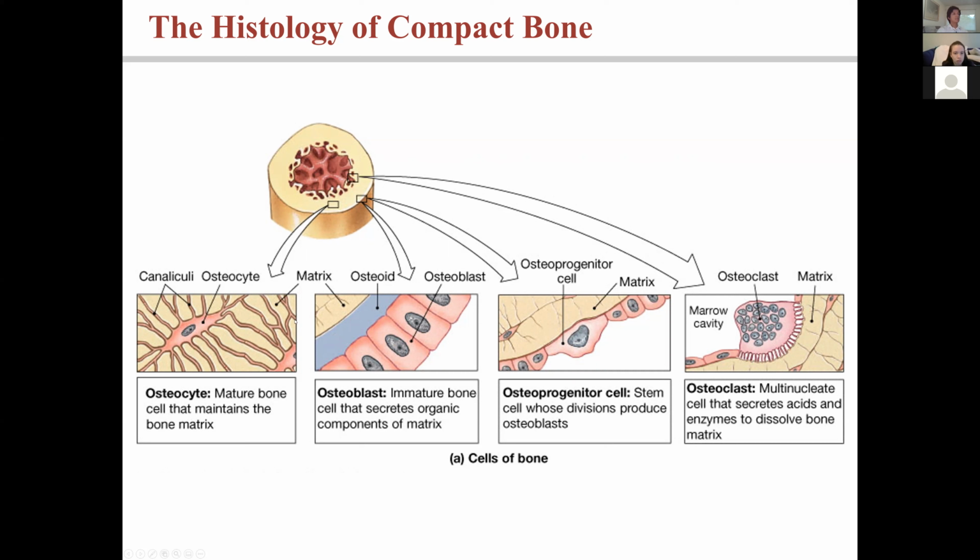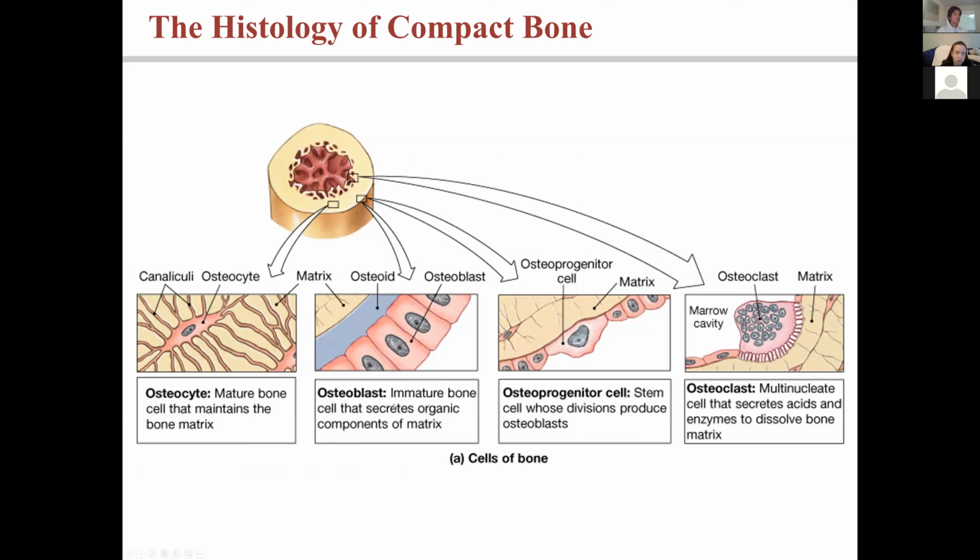Now, the specialized cells of this connective tissue are going to be the osteocyte, the osteoblast, the osteoclast, and a stem cell in the form of osteoprogenitor.